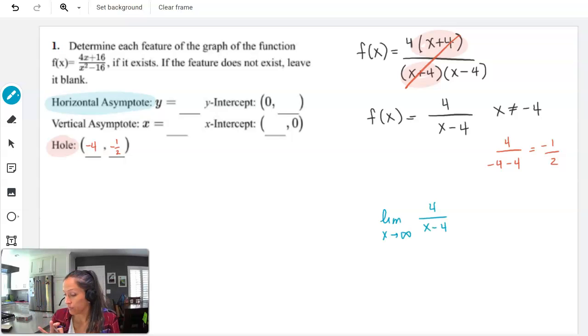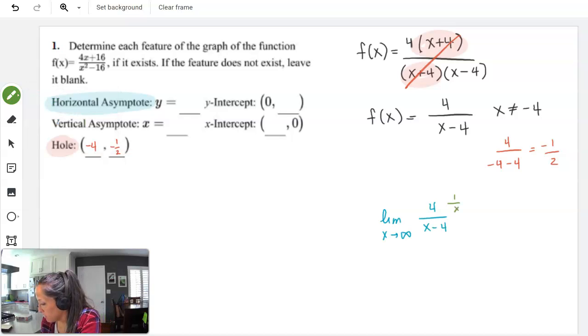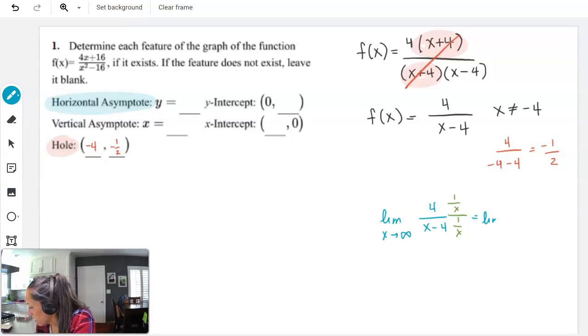Now, if we want to be really good about the algebraic reasoning for this, that analytical limit, we can multiply top and bottom by 1 over x, this fancy pants version of 1. Then we can rewrite our limit.